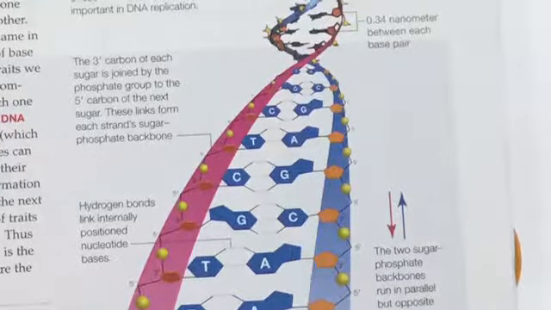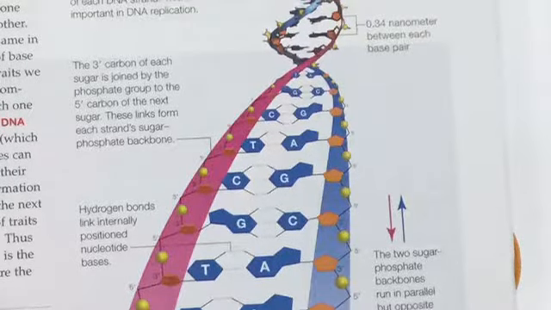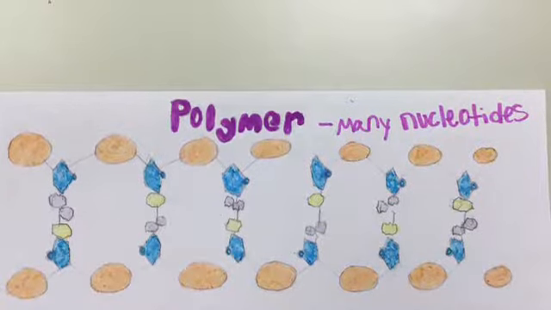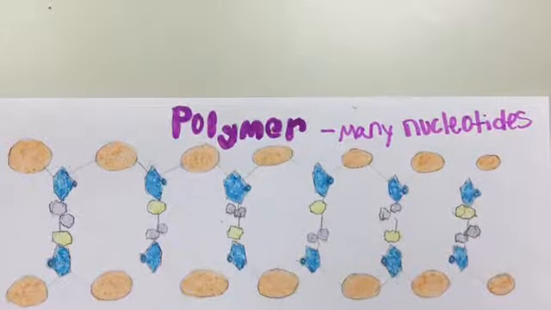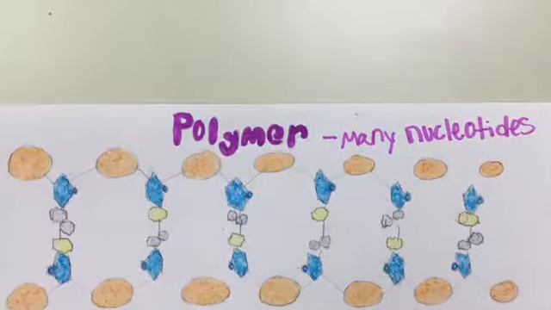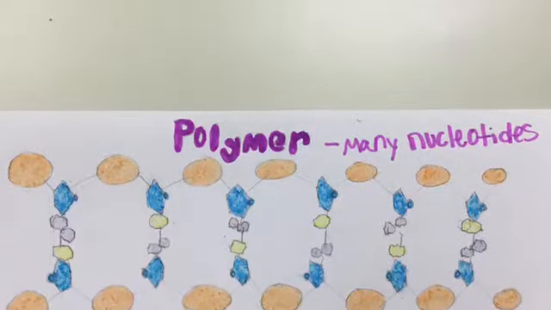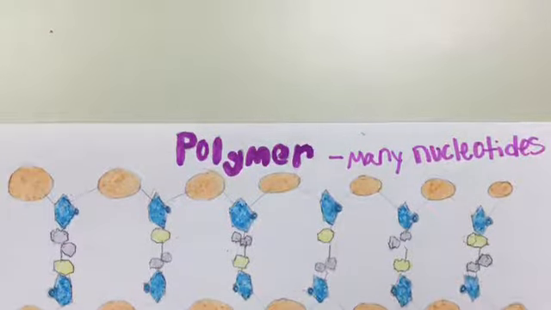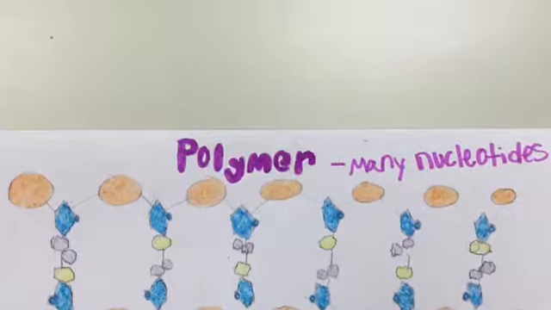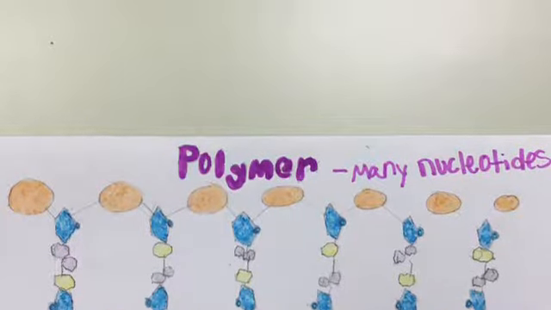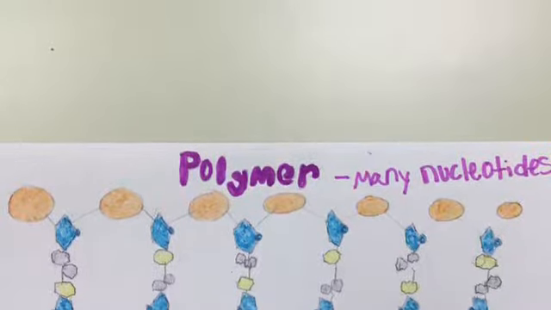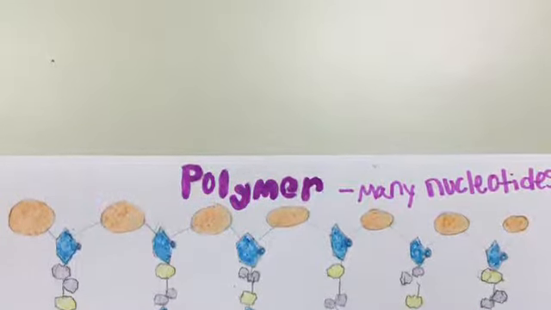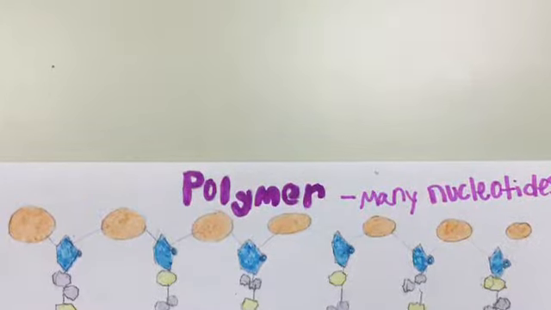Okay, next I'm going to be discussing the polymer and the monomer. The polymer here I drew out myself, and it's many multiple nucleotides held together. You can see how the phosphate group is on the outside and how it's all interconnected by little bonds, which are peptide bonds on the outside.